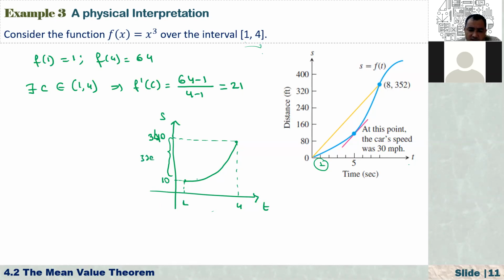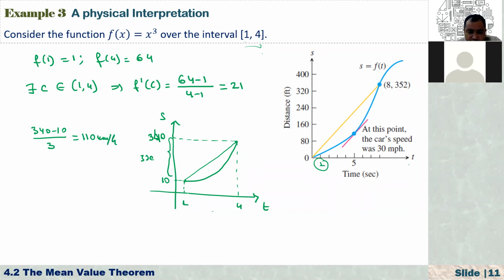Now, how do you find the average speed? Average speed is 340 minus 10, the distance traveled, over the time elapsed. The elapsed time is 3, so it is 330 over 3, which is 110 kilometers per hour. So what does it mean?